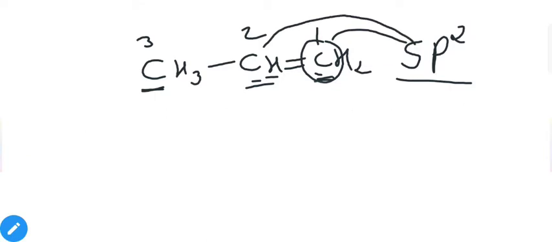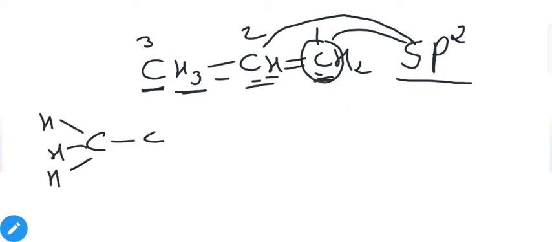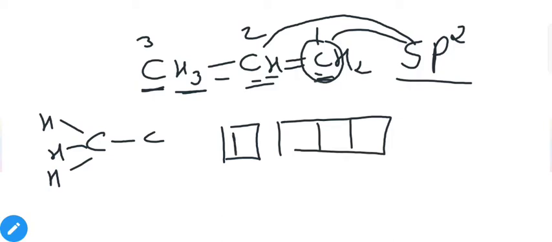And now for the third carbon, as we can see, the third carbon has 3 bonds with hydrogen and 1 with the second carbon. So the structure of the third carbon will be 1 bond with carbon and 3 bonds with 3 different hydrogens like this. And as we can see, all of them are single bonds. So it has ethane-like hybridization.